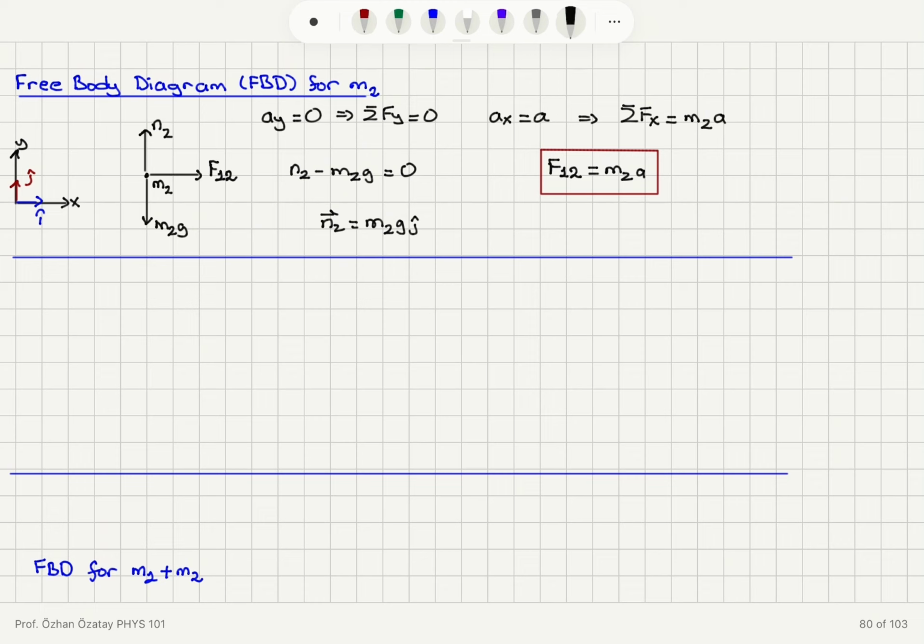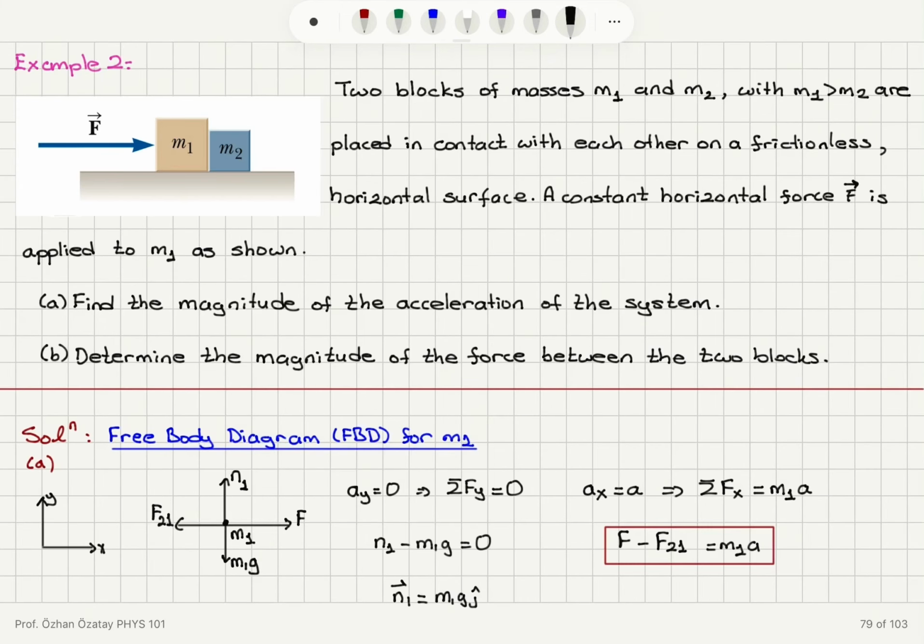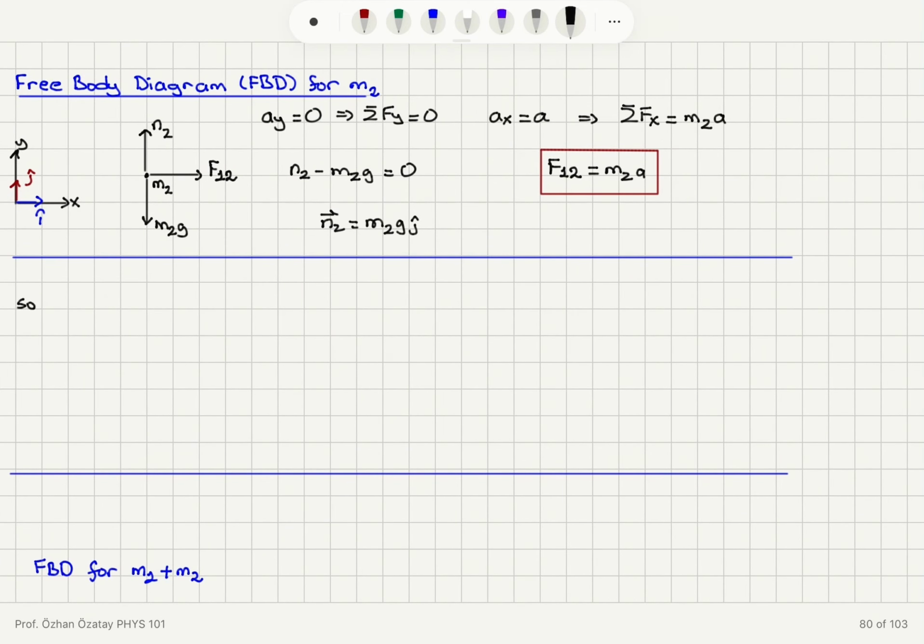So if I go back to the previous free body diagram, F minus F21 is equal to M1a. And F12 is equal to M2a.